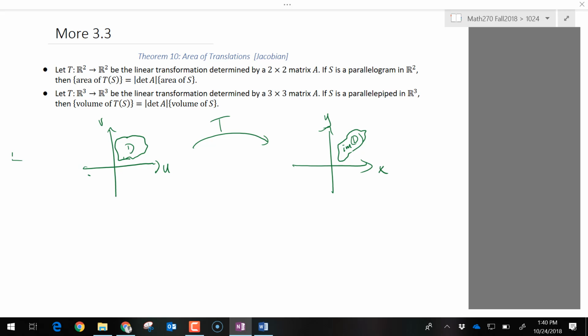Oh, sorry, they call it S. Let's call it S. So the image of S here is actually T of S. So when you take all the points, you can call them points or vectors, in S and put them through T, they get mapped into this thing.